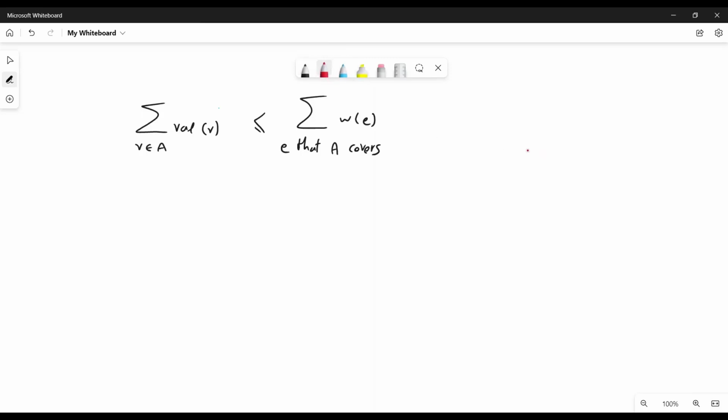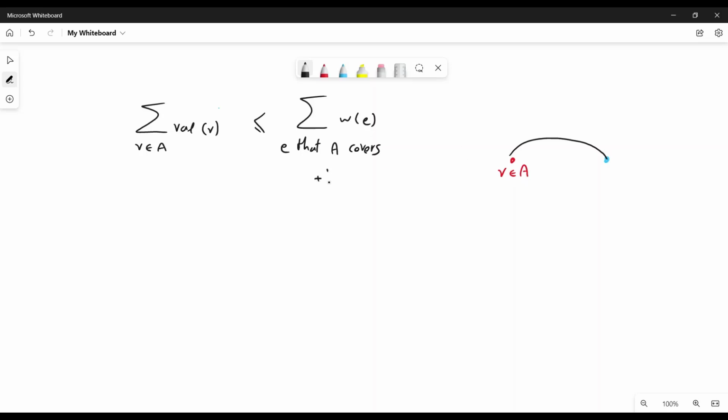Okay, so I consider some different cases. The first case is that we have an edge where one of its endpoints is blue. So the blue endpoint is not in A for sure, because A is the set of red vertices.